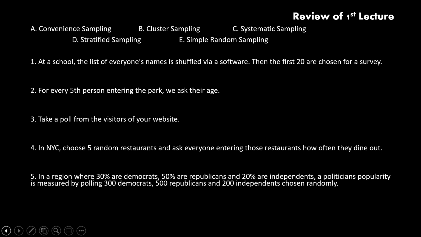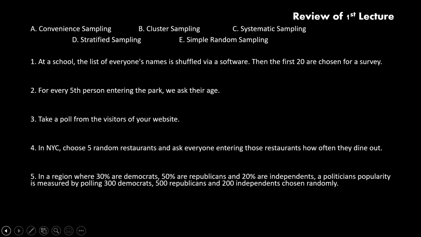People do convenience sampling to get some initial idea of what's happening, just to get a feeling of what's happening with the data. Then later on, you would use other types of sampling to make your data better, right? Okay.